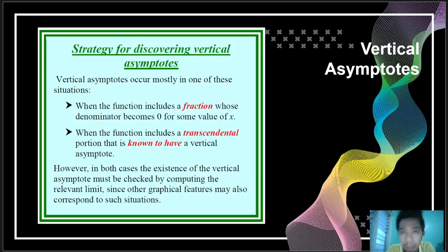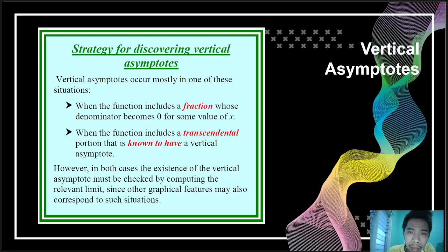Strategy. This is what you are waiting for on how to discover vertical asymptotes. Vertical asymptotes occur mostly in one of these situations: when the function includes a fraction whose denominator becomes 0 for some value of x, and when the function includes a transcendental portion that is known to have a vertical asymptote.